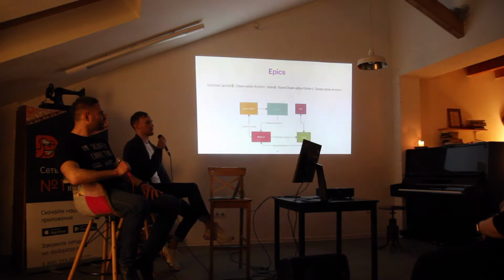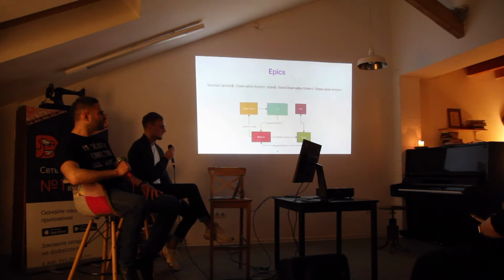This allows them to do their background magic, including API calls, for example, and when an epic is done with its job, it dispatches actions back to reducers. But it's important to know that actions dispatched by epics then go back to epics, so we need to be careful not to create endless loops here.